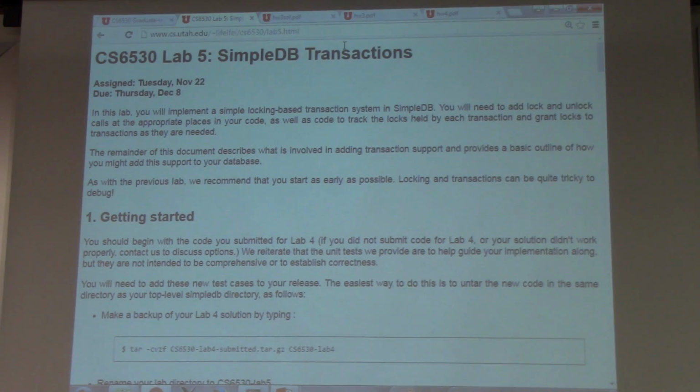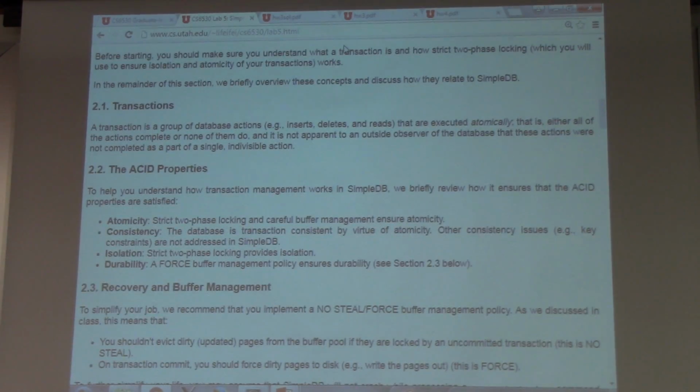In my opinion, this is a fairly easy lab, because once you understand what strict two-phase locking is, and once you understand how the Log Manager works, which my PT student discussed with you in last Thursday's lecture, you should be able to do this lab without much trouble.